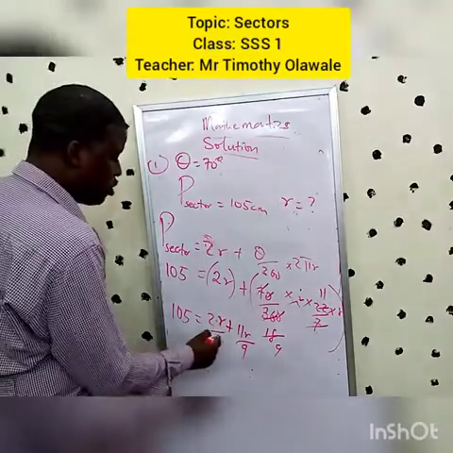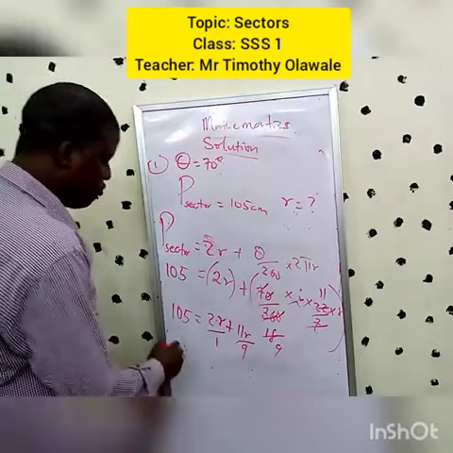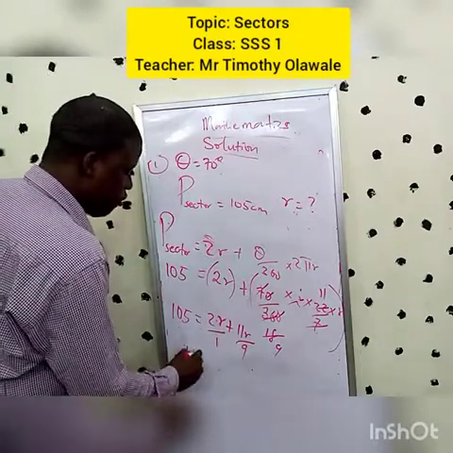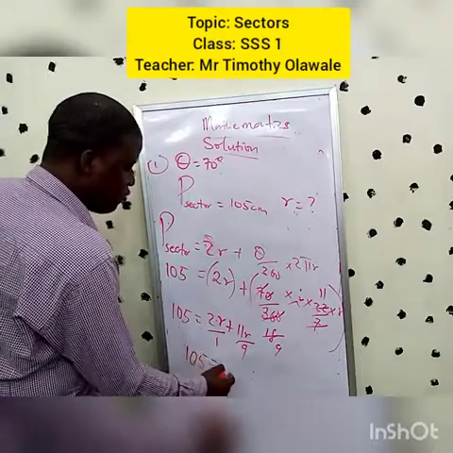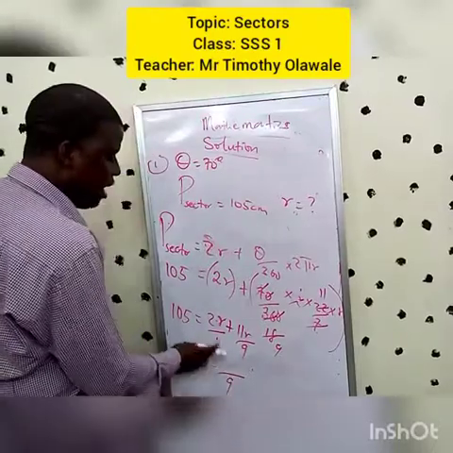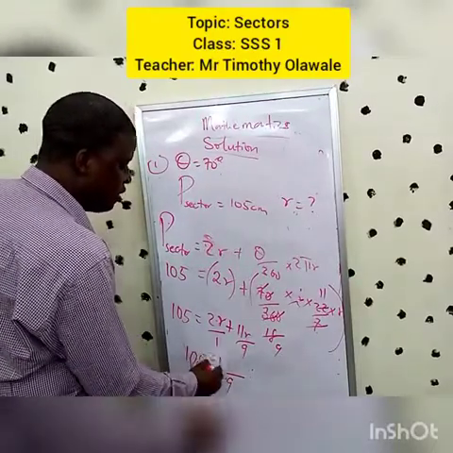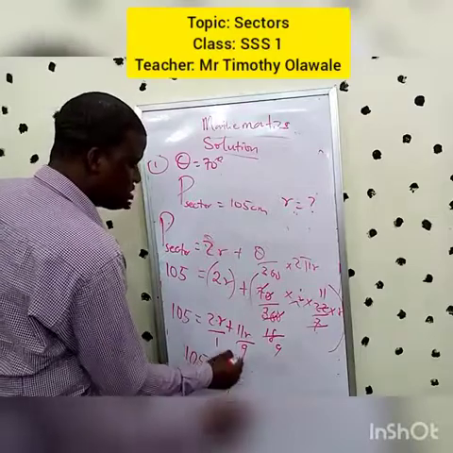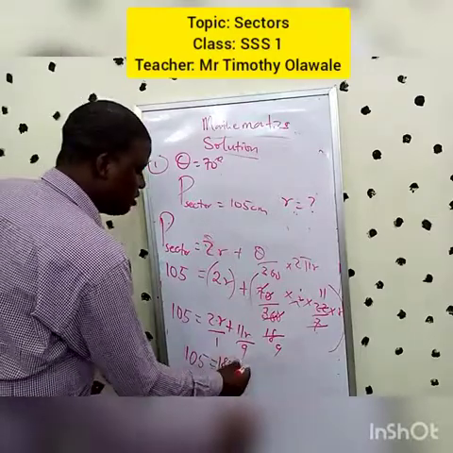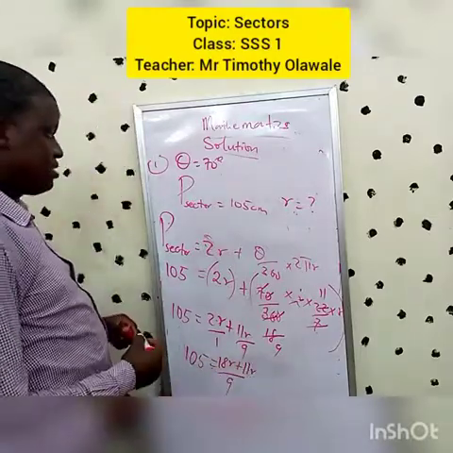Alright, so we have 2r over 1. We're going to find the LCM. 105 equals, we find the LCM, 9. 1 in 9, 9. 9 times 2r, 18r. Plus 9 in 9, 1 times 11r, 11r. Is that clear?